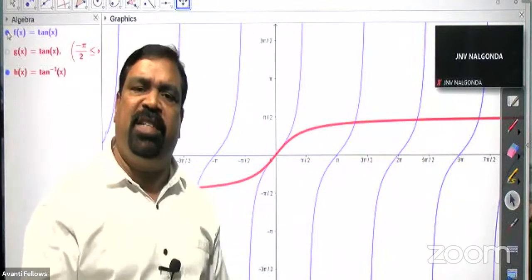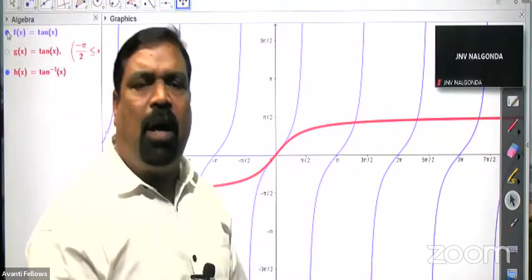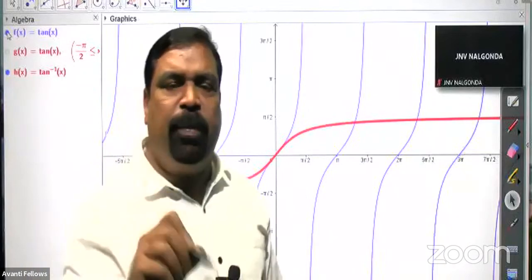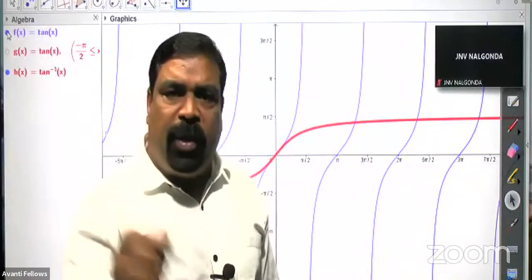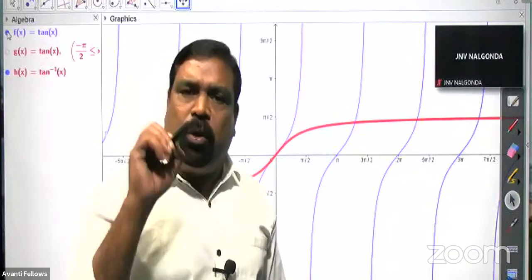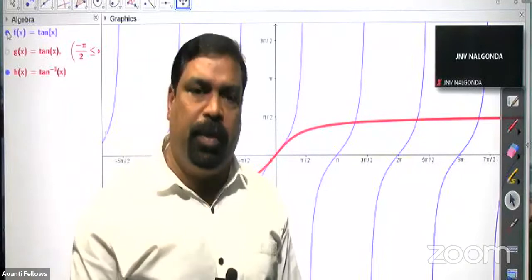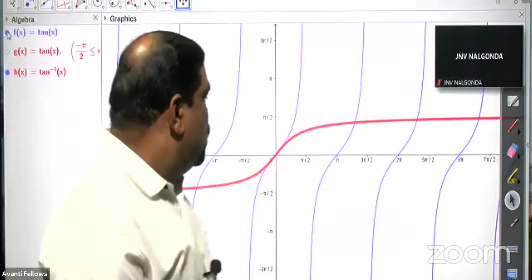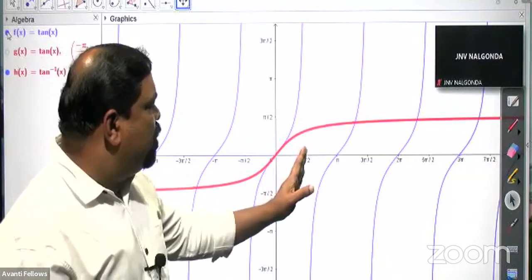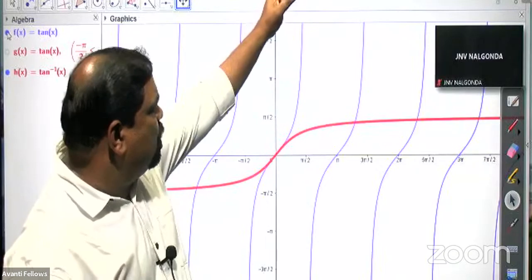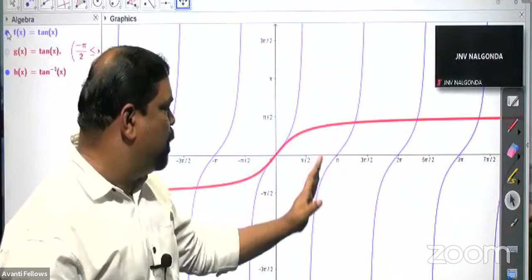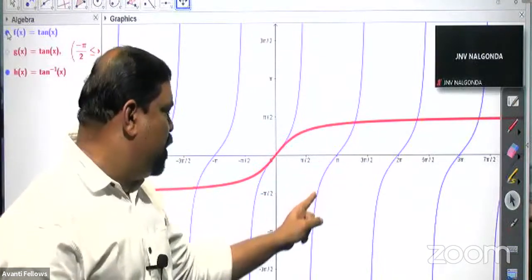So what is the domain of tan x actually? The domain of tan x is all real numbers except odd multiples of pi by 2. Tan pi by 2 is not defined. Tan 3 pi by 2 is not defined. Tan minus pi by 2 is not defined. You can see at pi by 2, if you approach from the left side of pi by 2, the graph goes to infinity, and on the right side of pi by 2, the graph goes to negative infinity.